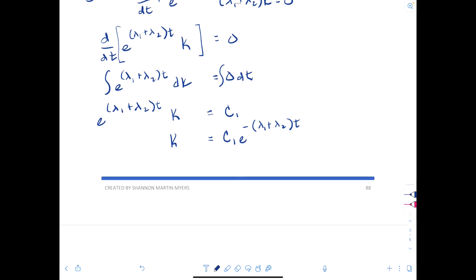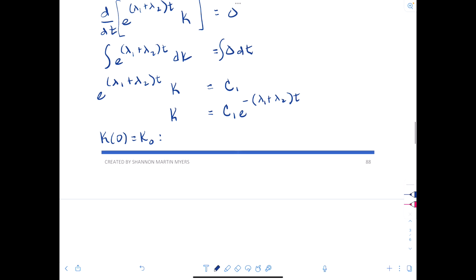And then using the initial condition that K(0) equals K0, we will have K0 equals C1 e raised to the negative quantity lambda 1 plus lambda 2 times 0.